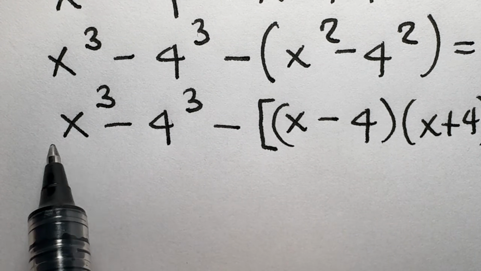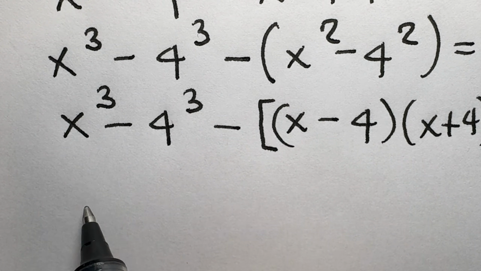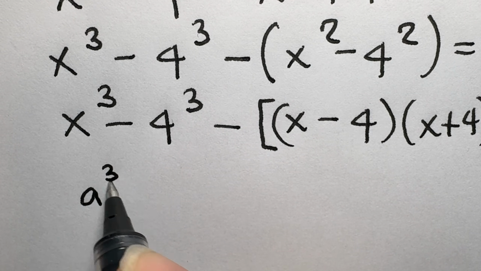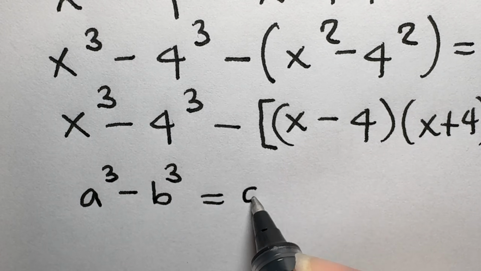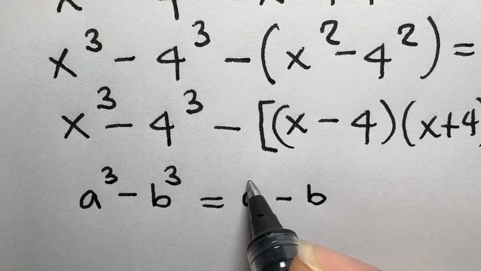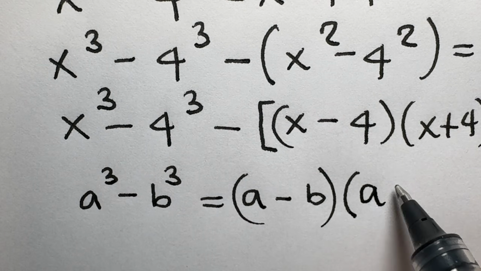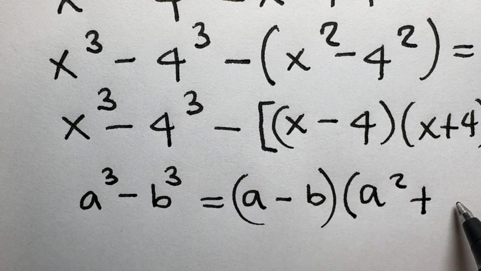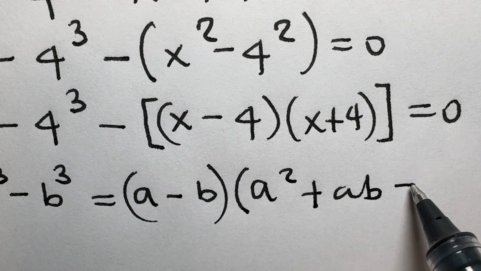Then we can also factorize this by identity. A raised to power 3 minus b raised to power 3 will give us a minus b times a squared plus ab plus b squared.